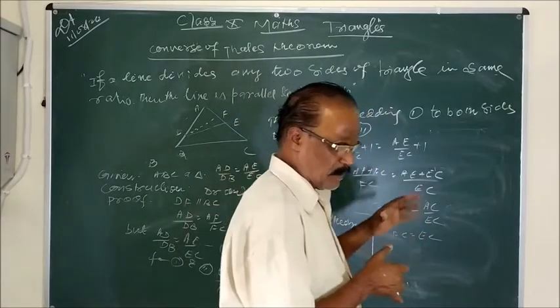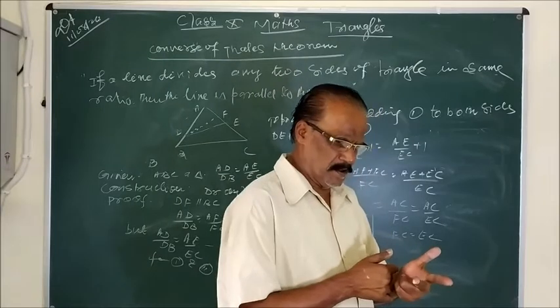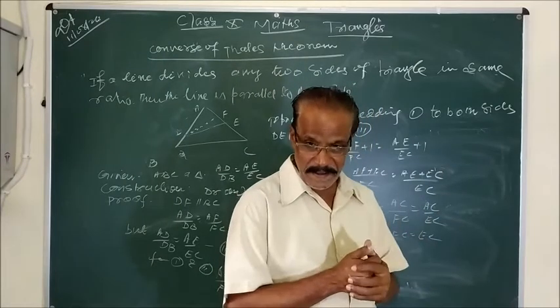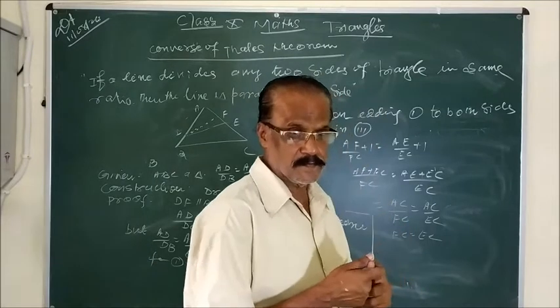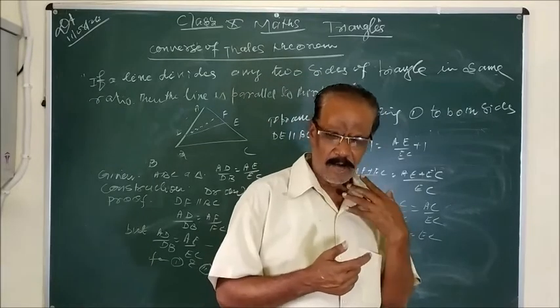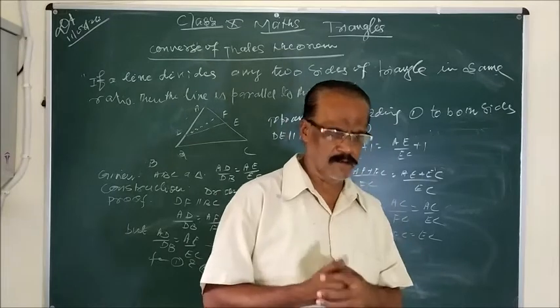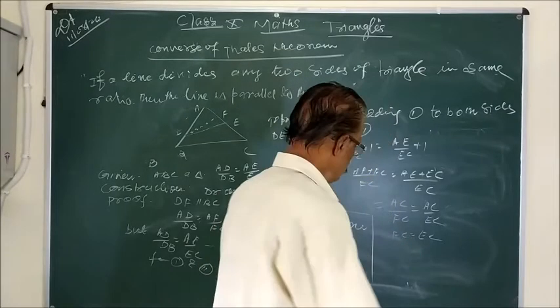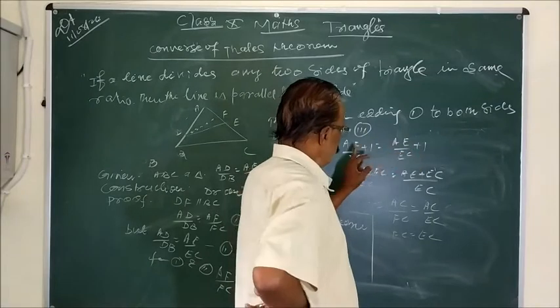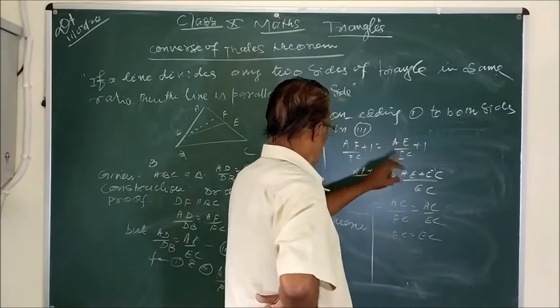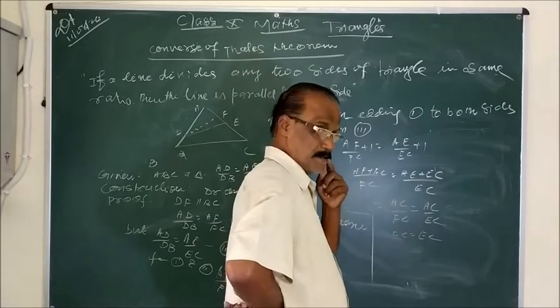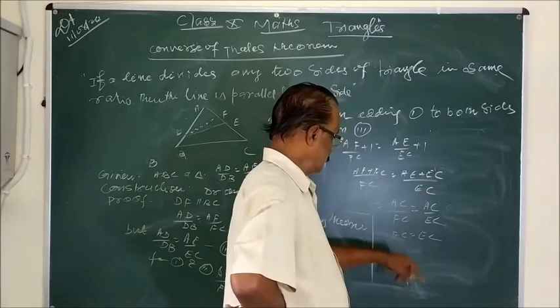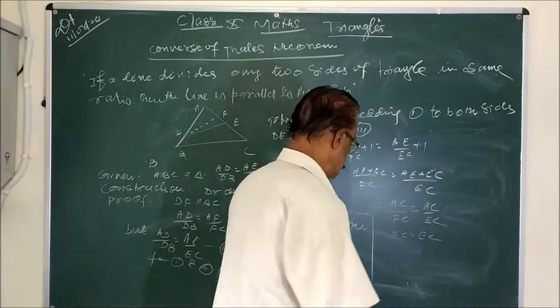So we cannot explain in theory why we are adding or subtracting. This depends on how many questions and which variety of questions you solve. On adding 1, we get, after finding the LCM, AC by FC is equal to AC by EC. AC will be cancelled. FC is equal to EC.